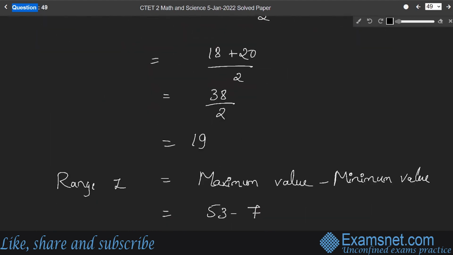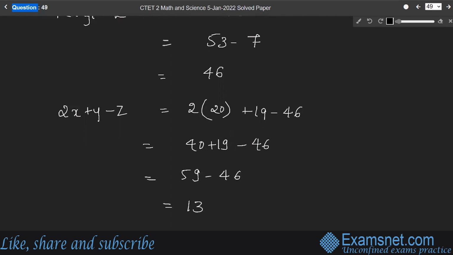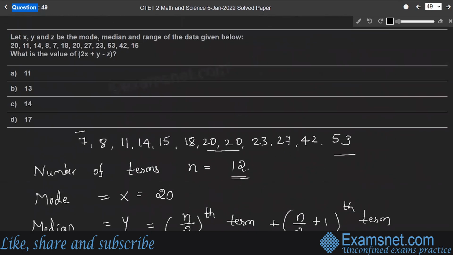What is y? 19. 2 into 20 plus 19 minus z is 46. So 40 plus 19 minus 46, which is equal to 59 minus 46, which is equal to 13. Therefore, the correct answer is option B.